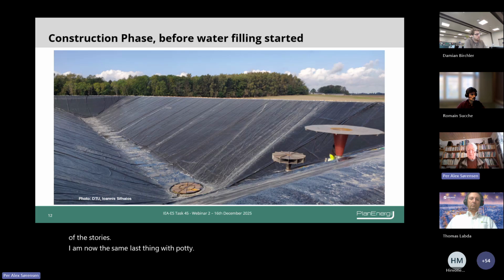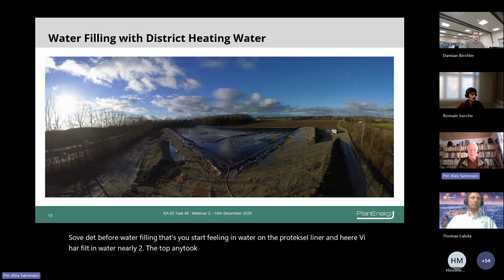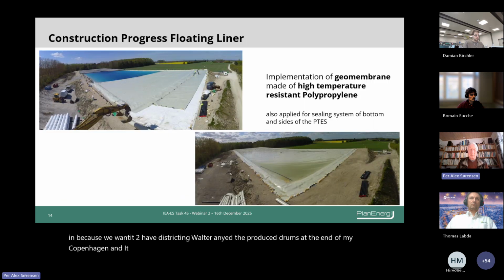So this is before water filling, and then you start filling in water under the protection liner, and here we have filled in water nearly to the top, and it took one winter to fill in 70,000 cubic meters of water, because we wanted to have district heating water, and it has to be produced from the system in Copenhagen, and there was a limited capacity.